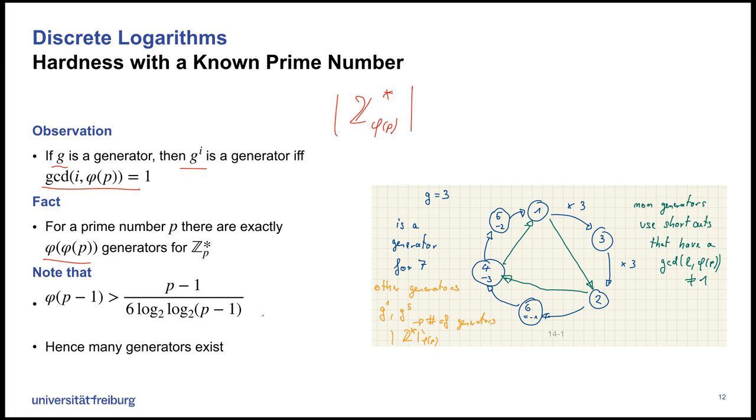For example, if P minus 1 has a large prime factor, let's think of 23. What is phi of 23? Phi of 23 is 22. So what is phi of 22?